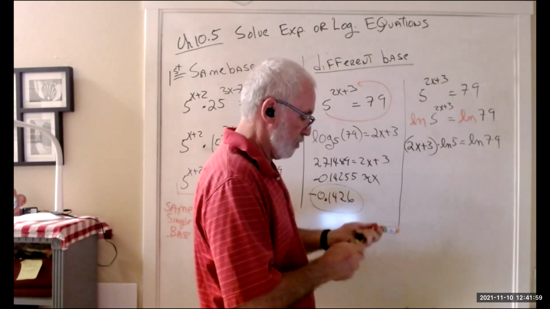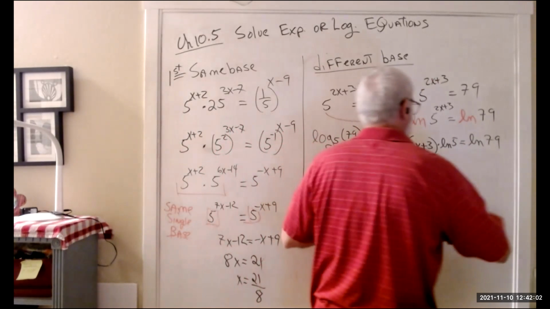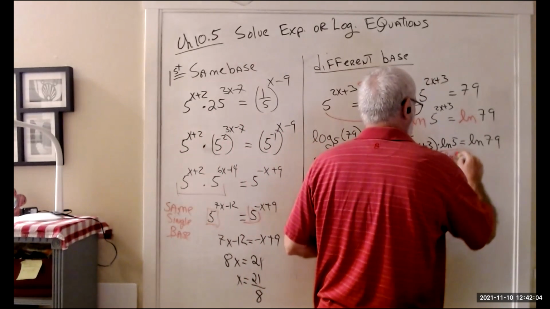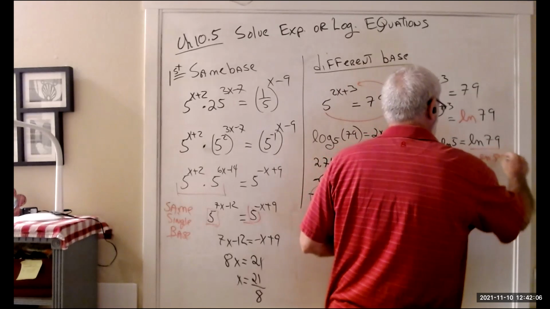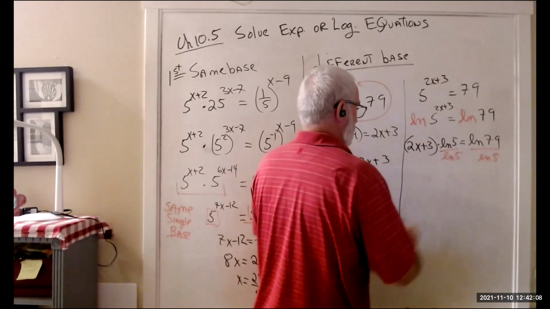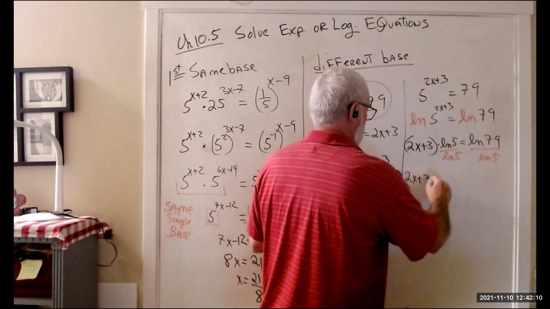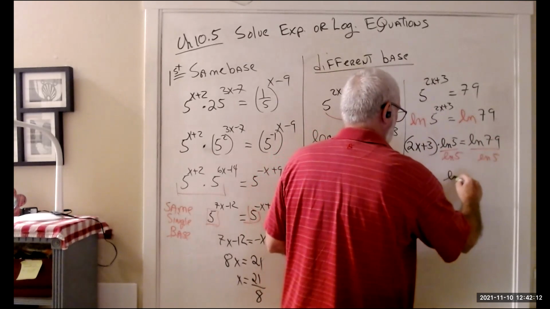But then we're going to divide both sides by the ln of 5, and we're going to get 2x plus 3 equals this mess.